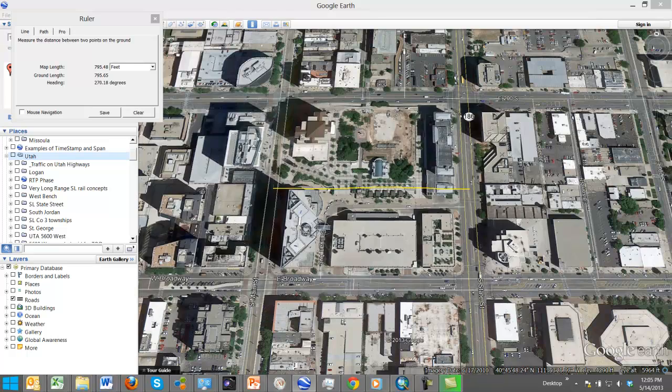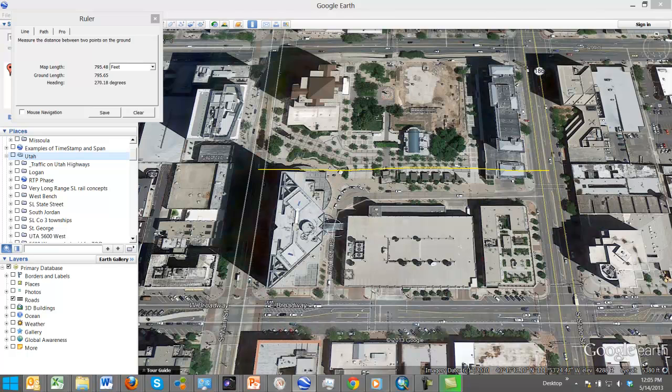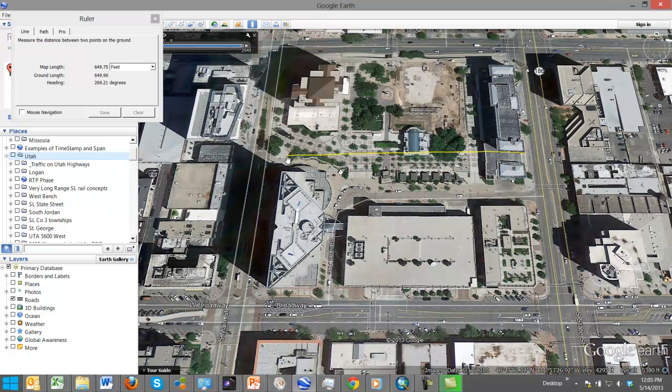So if I go down here to the sidewalk level and try and measure what's in the actual right-of-way, I've got about 669 there. Let's see if I come up here to about the back edge of that sidewalk and come to roughly the back edge of this sidewalk, 675.